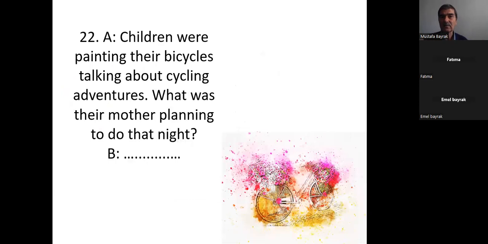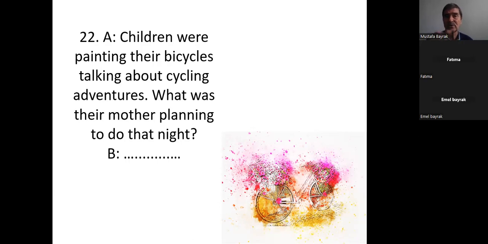Children were painting their bicycles, for example, talking about cycling adventures. Children were painting their bicycles by talking about cycling adventures, or while talking about cycling adventures, or children were painting their bicycles and they were talking about their cycling adventures.